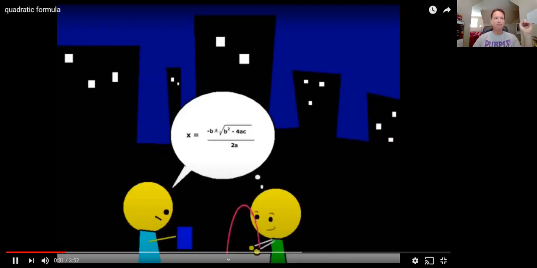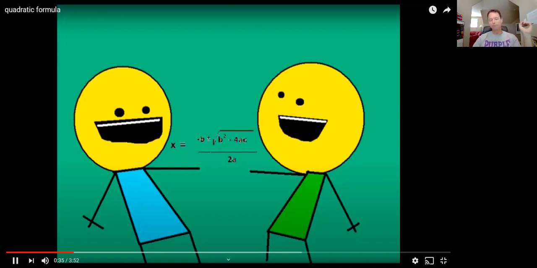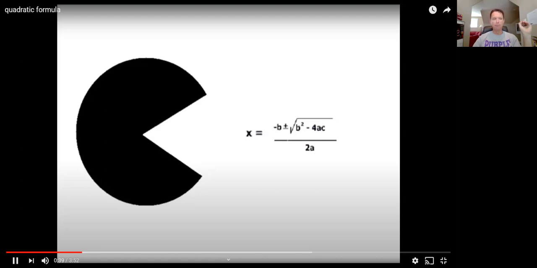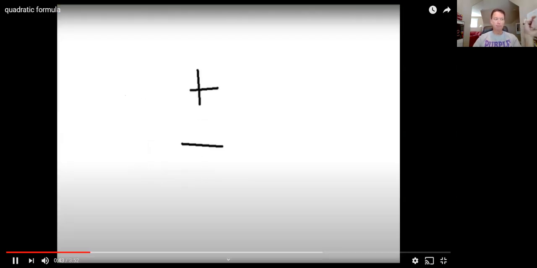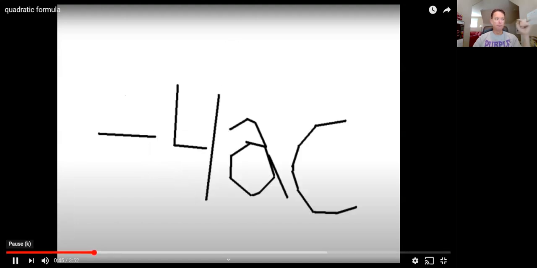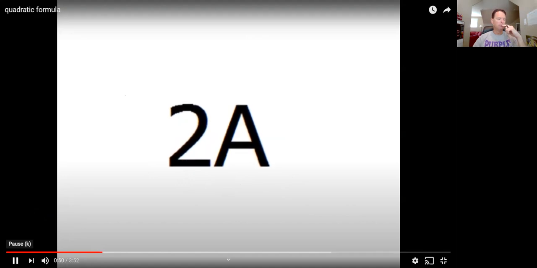The quadratic formula. And is negative b plus or minus the square root of b squared minus 4ac over 2a.